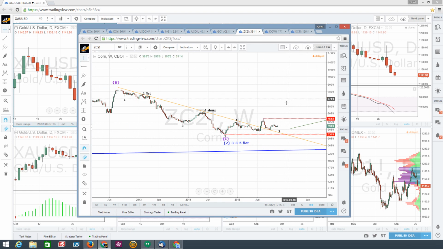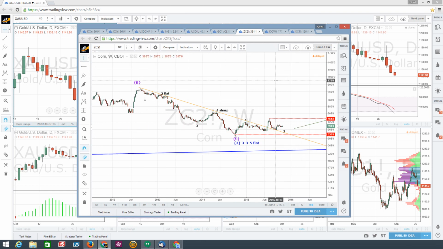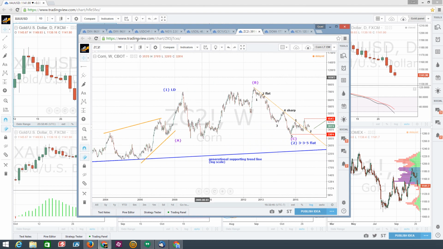Get above that, and I would say you're well into wave 3 to the upside, which I doubt would have any trouble coming all the way back up here to the 815 to say 850 level in one quick impulse to get this ball rolling to the upside for a major advance.